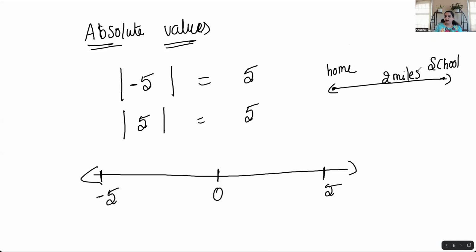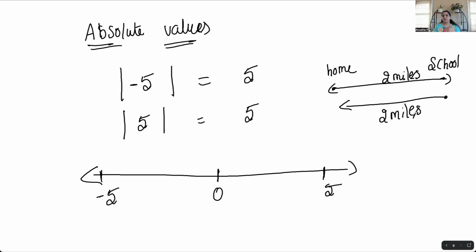Okay. And at the end of the school day, you're coming back home, right? From the school, if you're coming back home, you have to walk or ride your bike or come on a bus for 2 miles, right? So here, are you calculating the distance as -2? No, because the distance can never be negative.